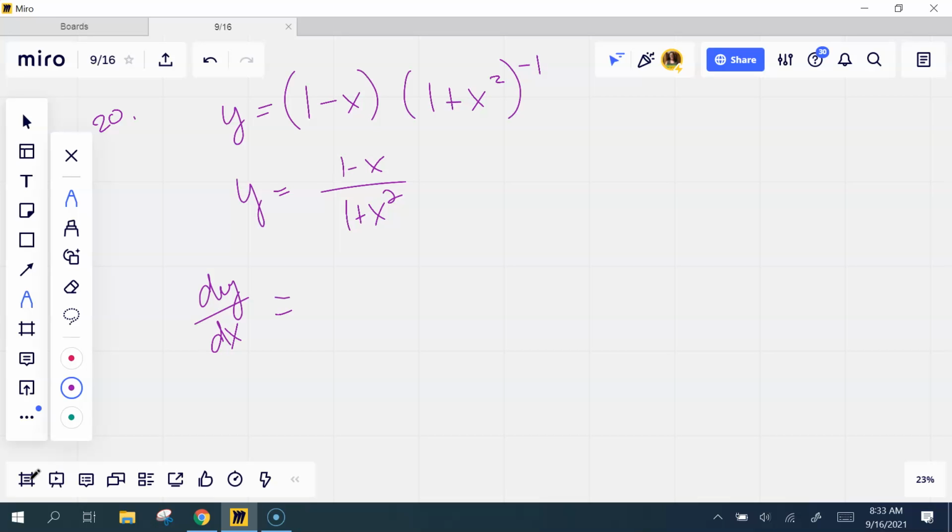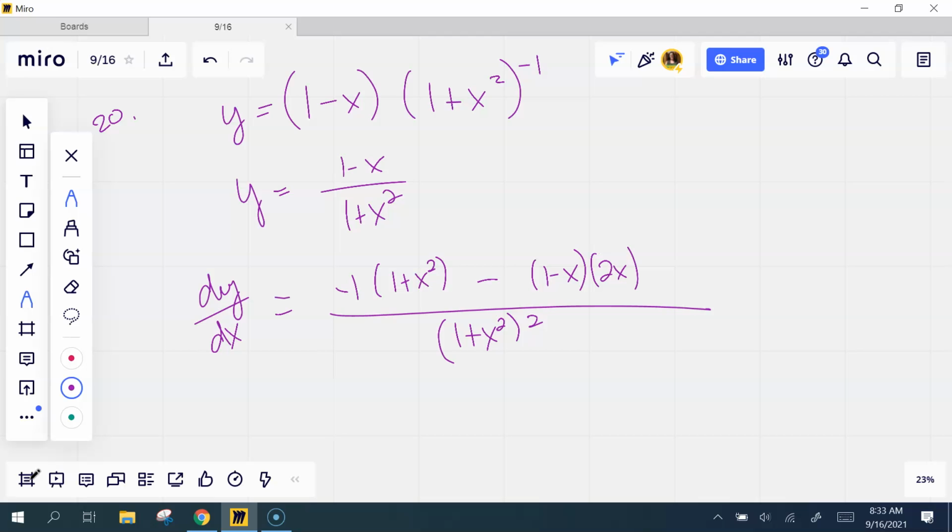I got to do quotient rule, which is derivative of the top, -1, times the bottom, minus the top times derivative of the bottom, x, all over the bottom squared.